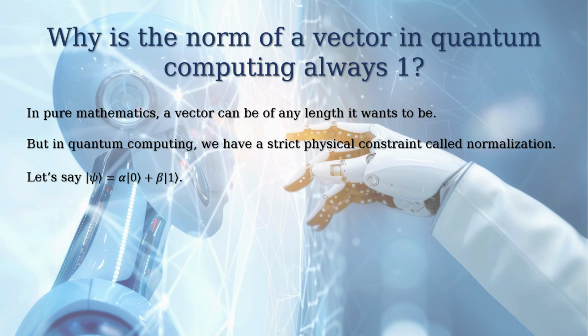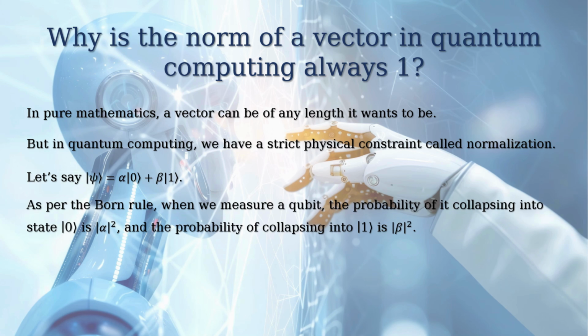Let's say ket psi is equal to alpha ket 0 plus beta ket 1. As per the Born rule, when we measure a qubit, the probability of it collapsing into ket 0 is mod alpha square and the probability of collapsing into ket 1 is mod beta square.